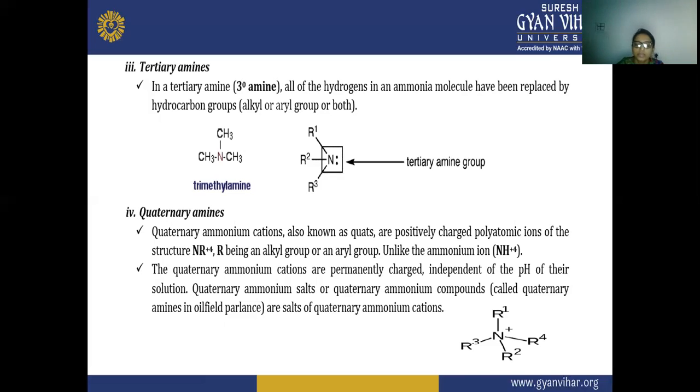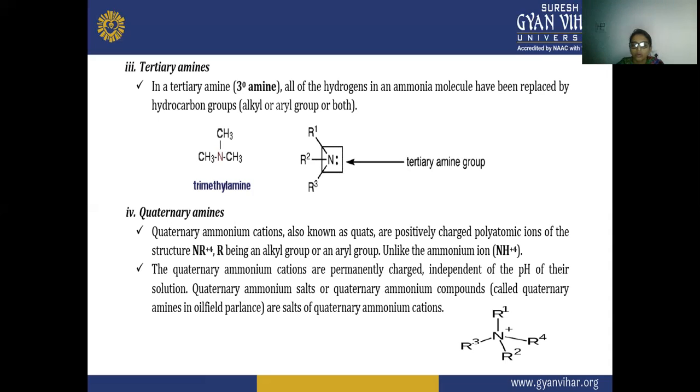So it can be formed this way, and this is the tertiary amine group, which comes third. In the tertiary amine, all the hydrogens in an ammonia molecule have been replaced by hydrocarbon groups.